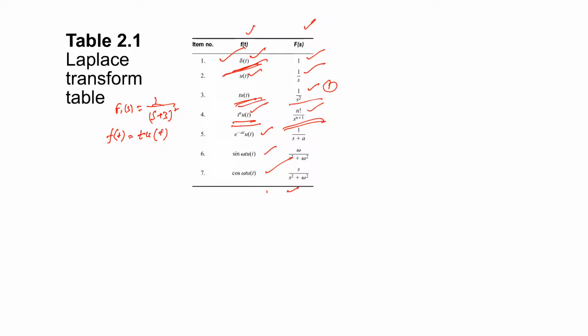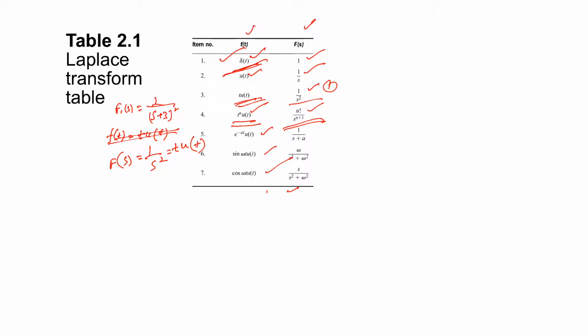Now we already know that, let us suppose that we have the function F(s) equals 1 by s square. Now the inverse Laplace transform of this is t u(t).